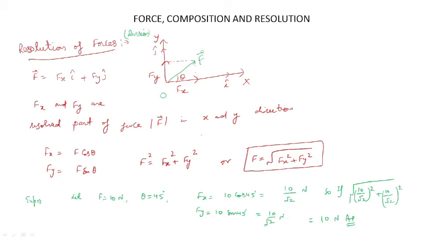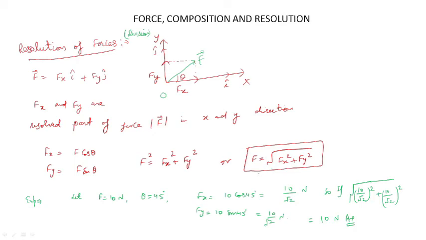So here we can find the resultant force, that will be equal to root Fx square plus Fy square. So here we can see that the combined effect of the x component and the y component of the force will have the same effect as the resultant force F.